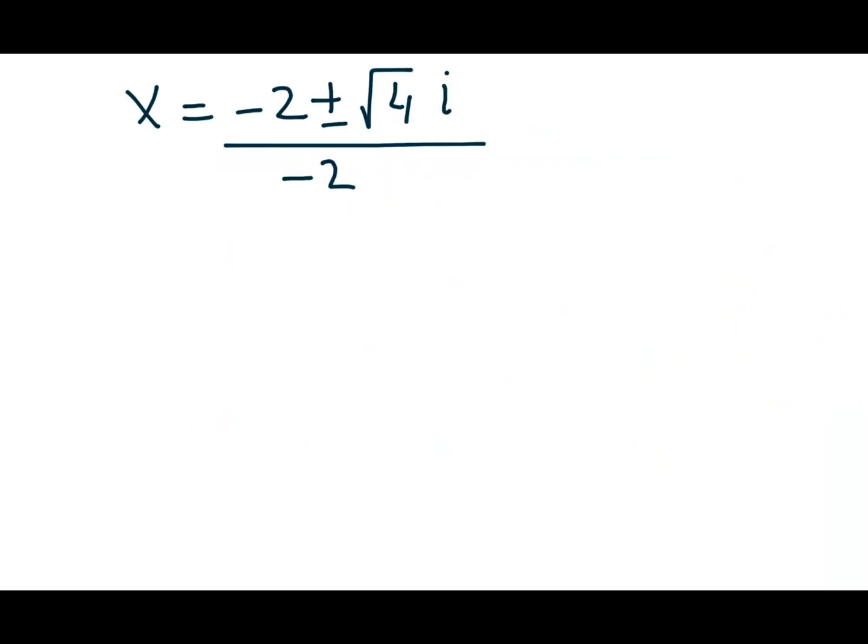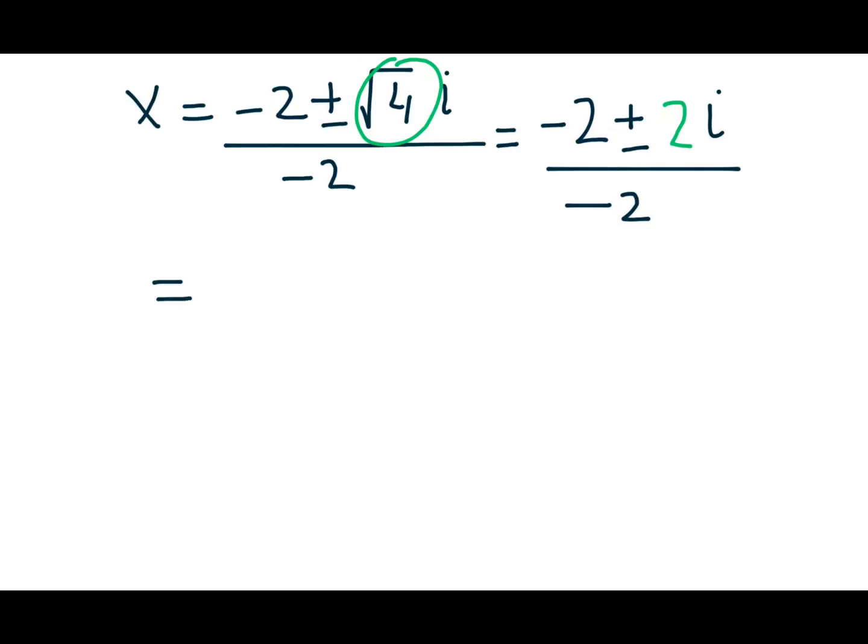So we know that the square root of 4 will give us 2. So minus 2 plus or minus 2i over minus 2.